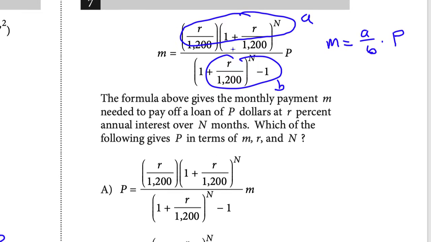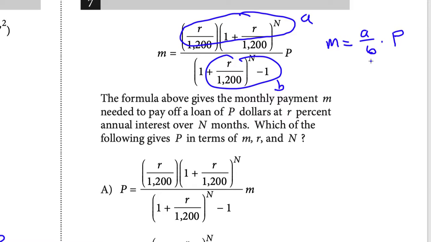If I want to get P by itself, what do I need to do? Right now, P is being multiplied by A divided by B. What am I going to do to undo multiplying by A divided by B? Sergio? Right now it's being multiplied, so the inverse operation to multiply is divide.